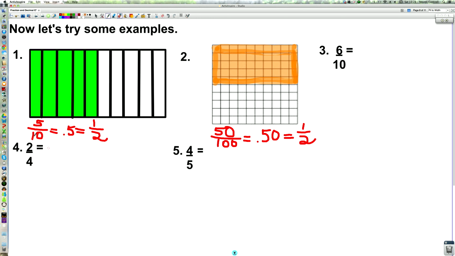Or I can multiply it by 25, which would give me 50 100ths, which would be this. And then I would divide them both by 10, and that would be 5 tenths or 0.5, right?